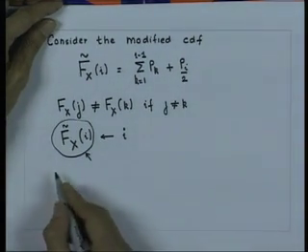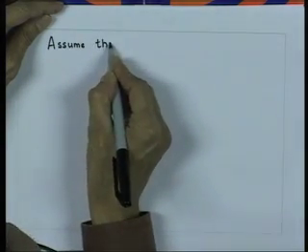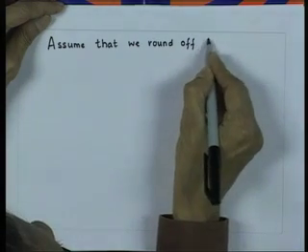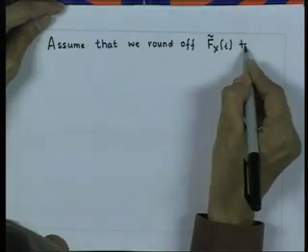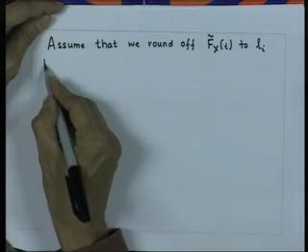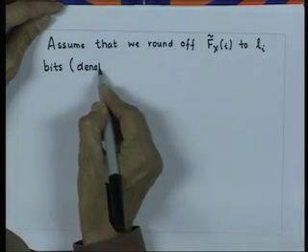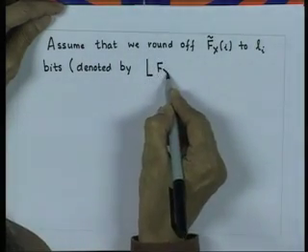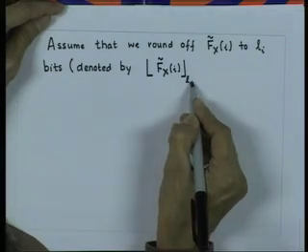So, let us assume that we round off f tilde to Li bits, and this rounding off is denoted by floor of f tilde Li.